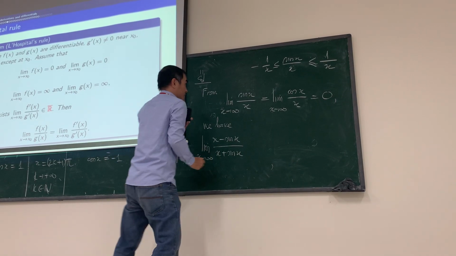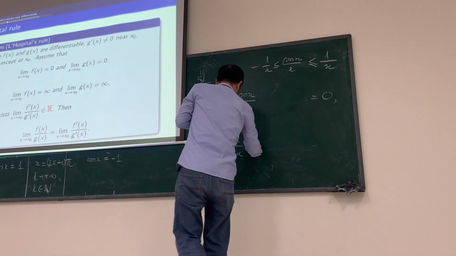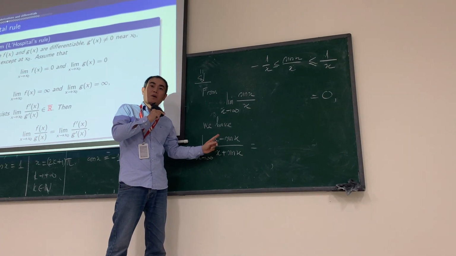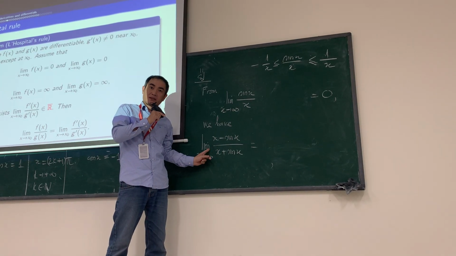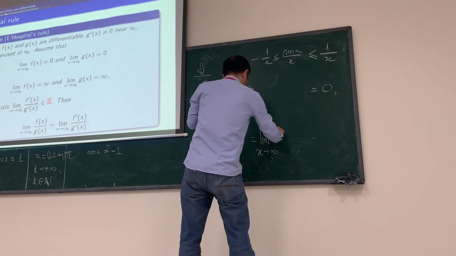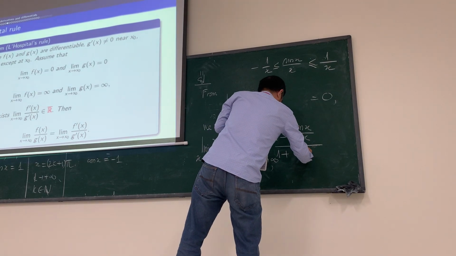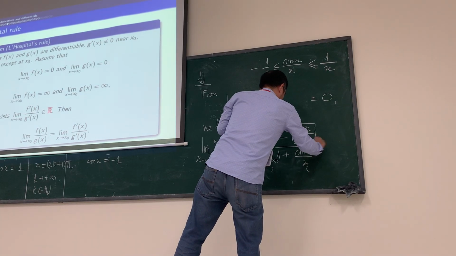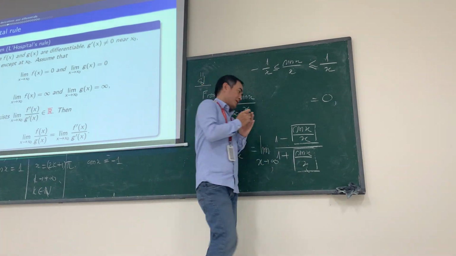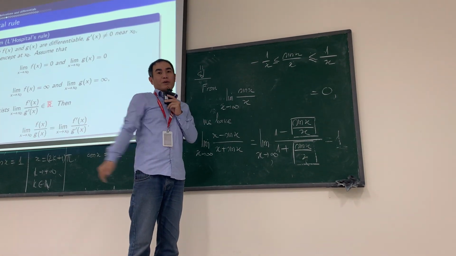We divide both numerator and denominator by x, which equals the limit as x tends to infinity of 1 minus sin x over x, over 1 plus sin x over x. Since sin x over x tends to 0, the result is equal to 1. So we find the limit directly.